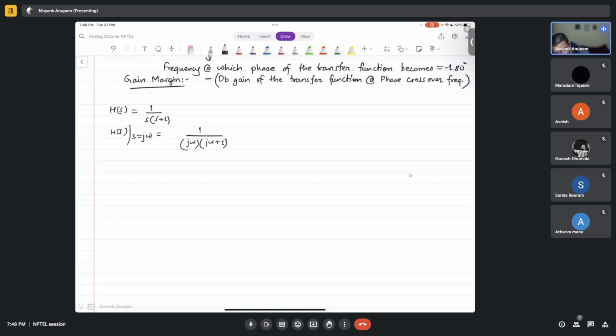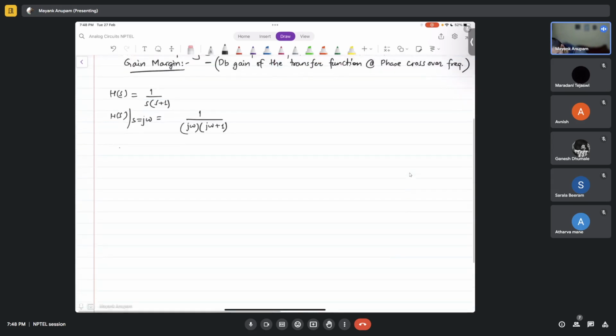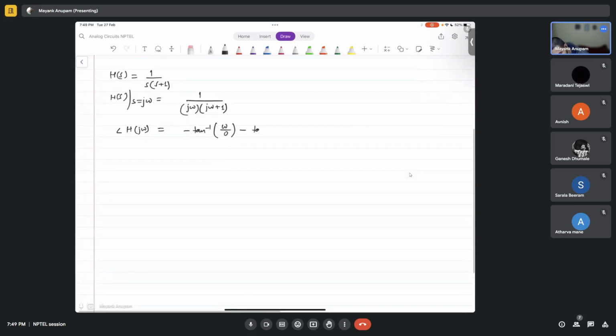Now you find out what is the phase of this one. What is this? Minus of tan inverse of omega over 0, right? Due to this one. And then minus of tan inverse of omega divided by 1, right? Correct? Am I correct? Do you understand what I did?